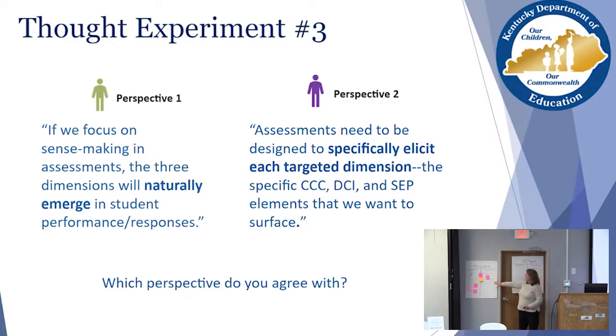So I'm going to start with perspective 2, the one that says that they need to be targeted. So whoever said that they should be targeted, and these aren't labeled, share with us your thinking about that.